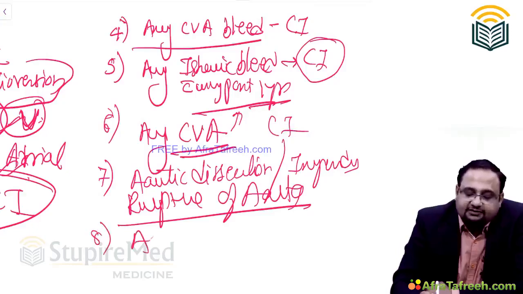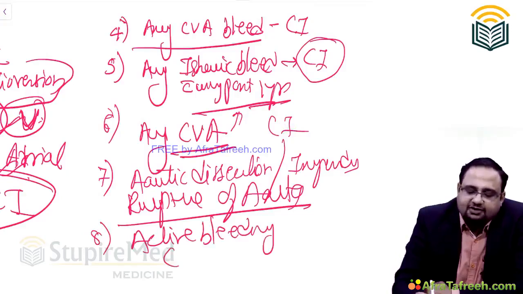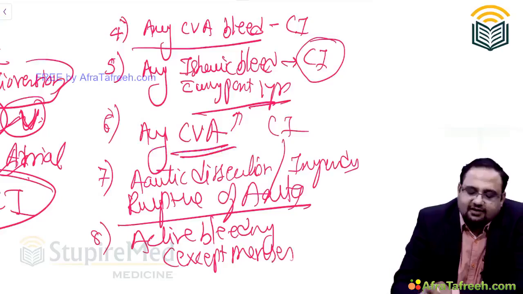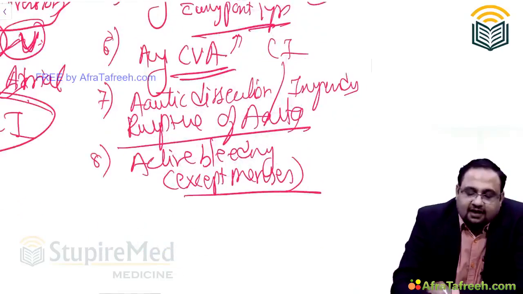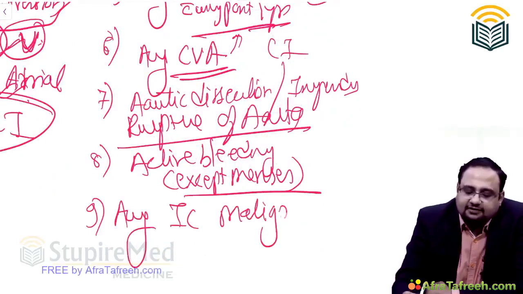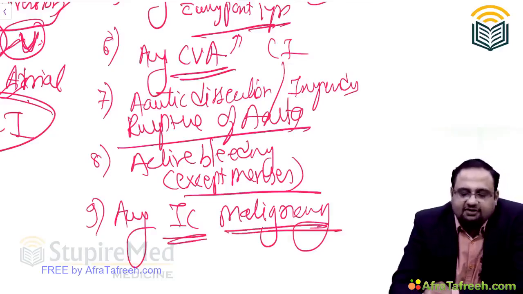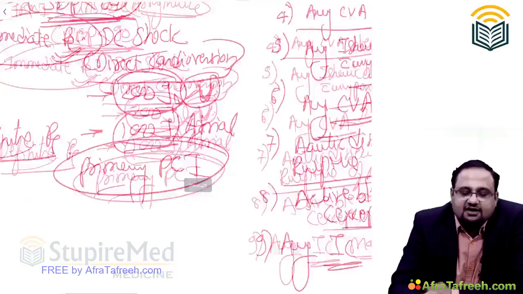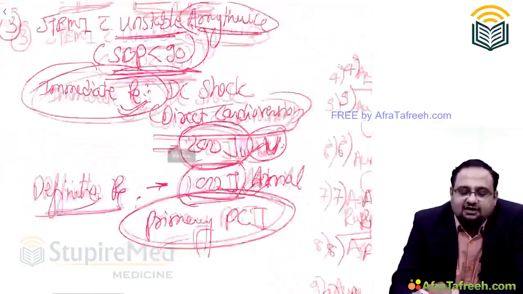Active bleeding, except menses bleeding. Any intracranial malignancy is a contraindication to thrombolysis. So this is what you are supposed to know about the thrombolysis part.